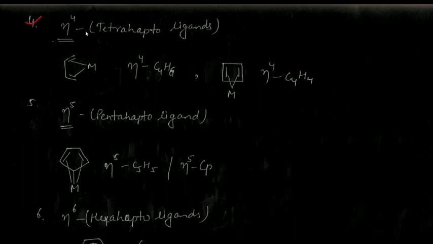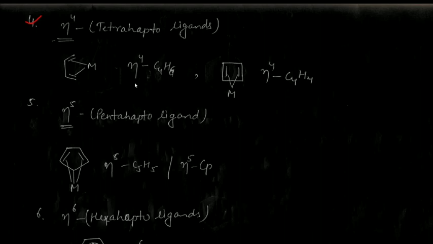Similarly, eta 4, tetrahapto ligands. Tetrahapto ligands mean a ligand in which 4 donor atoms are directly attached to the metal. For example, here we have taken buta-1,3-diene, in which all 4 carbons are attached to this metal M, and it is represented by eta 4 C4H6, 4 carbons and 6 hydrogens.